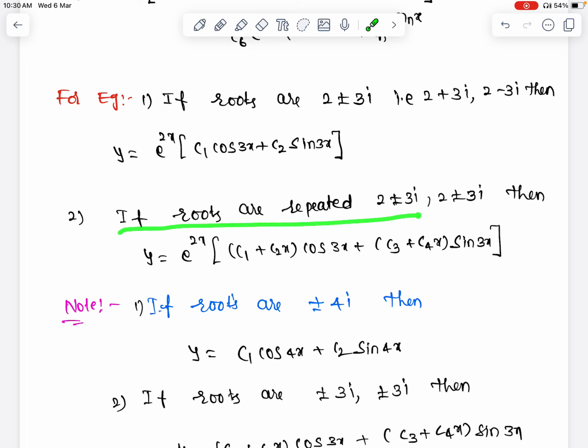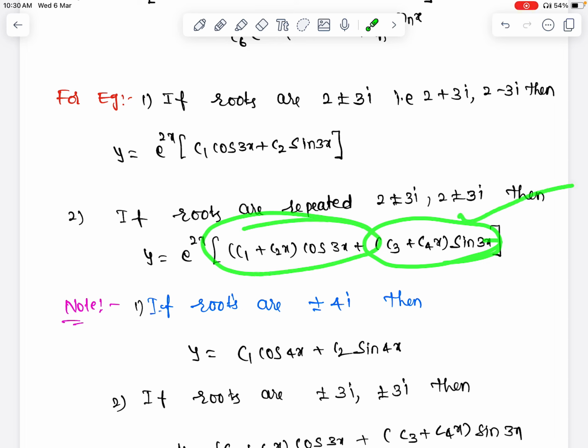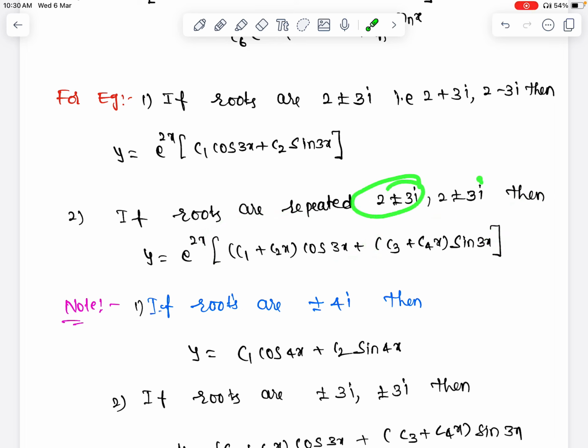If roots are repeated, meaning two pairs are the same, then the real part is 2x, written outside, and we have C1 plus C2x into cos 3x plus C3 plus C4x into sin 3x. Like this, we write the general solution when roots are imaginary and repeated.